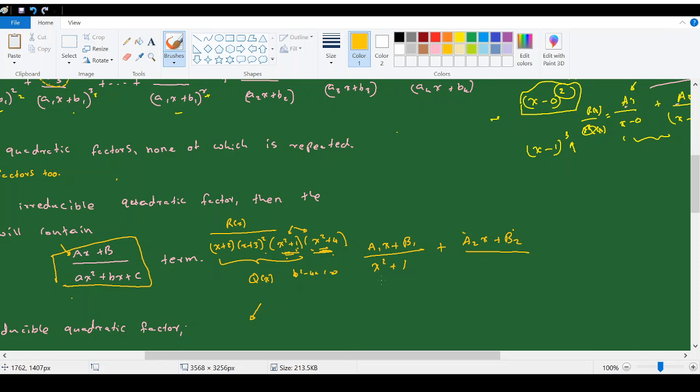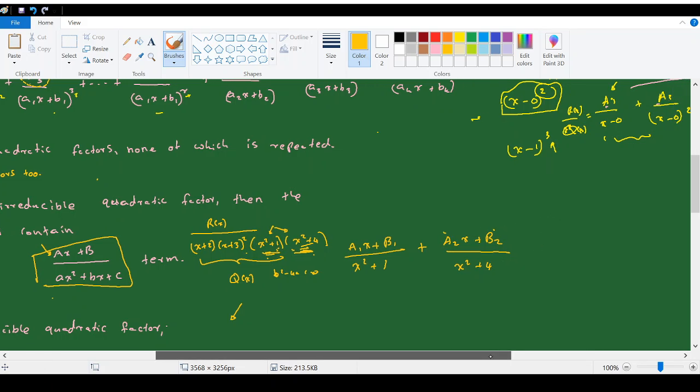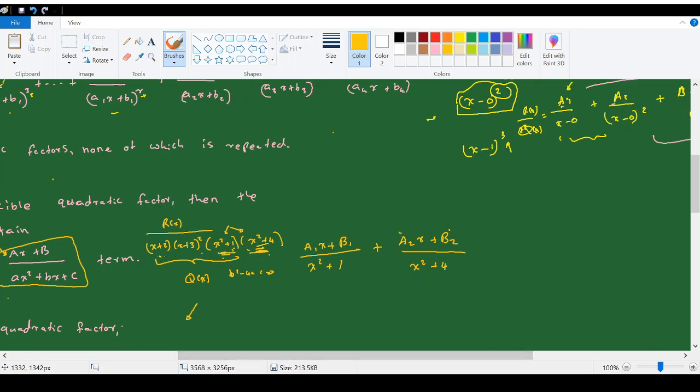So we are just learning the method of writing down the partial fractions. For this irreducible quadratic factor, we allocate a separate first degree polynomial. And how about these two things?